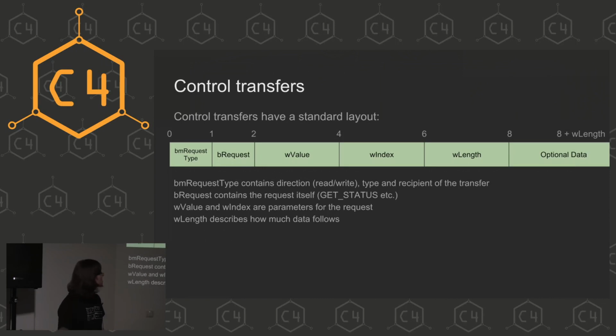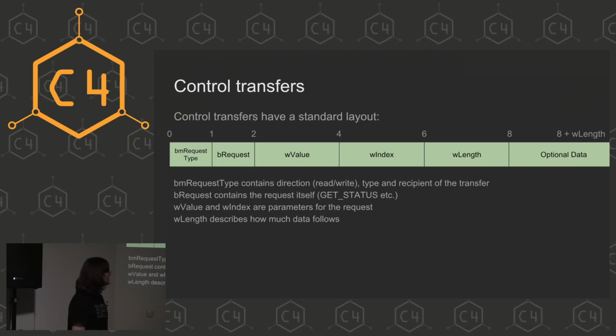A control transfer has a standard layout. Let's call it a packet that is being sent over USB, looks like this. You have some kind of a request type that says, is this a read or a write? Who do you want to talk to, the device or an endpoint? Stuff like that. Then there is, what do you actually want to do? This tells the device stack, for example, if this is a set address or get status or get descriptor request.